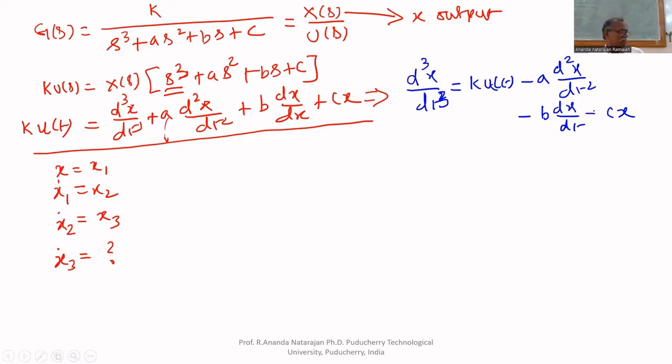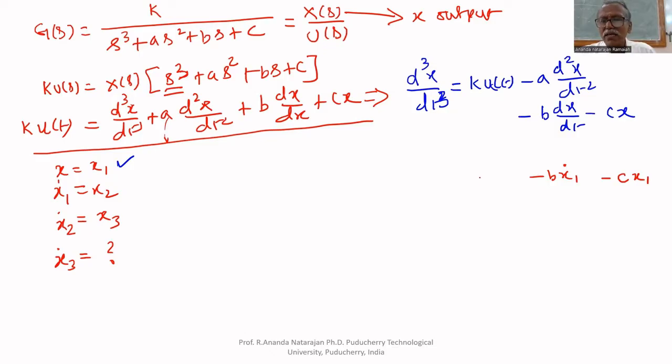Minus cx. So now, what we assumed? X equal to x1. That's why we can write this as c x1. What is dx by dt? Minus b x1 dot.